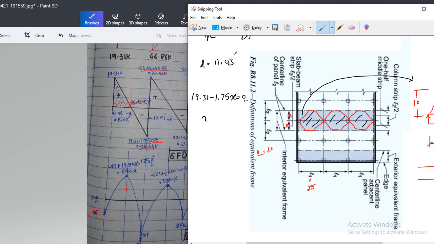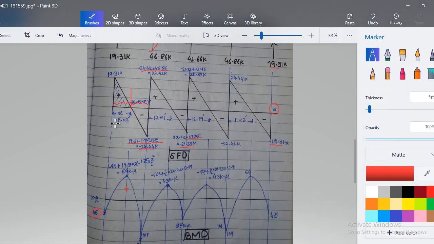Simplify this. For x you get 19.31 divided by this. This is a simple procedure. You get 11.03. So this is the procedure by which I got 11.03.